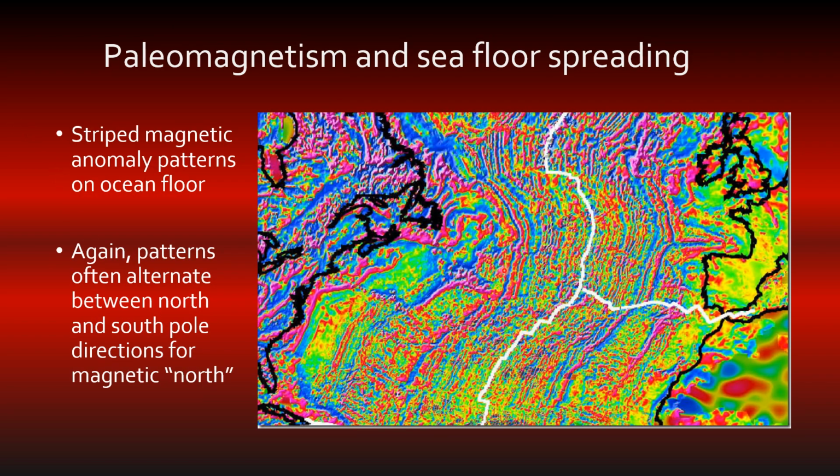So here is a beautiful illustration of those magnetic anomalies in a spreading center. Here's the mid-Atlantic ridge, going down north-south. And geologists will often use really precise instrumentation. In this case, we would use something called a magnetometer.